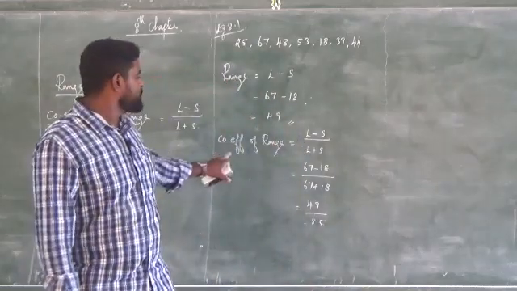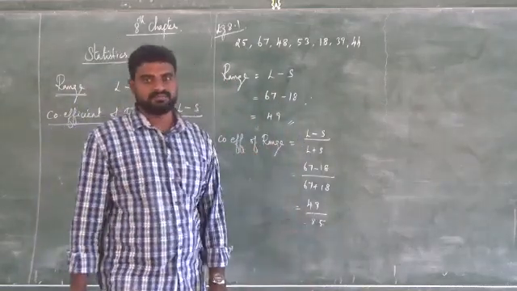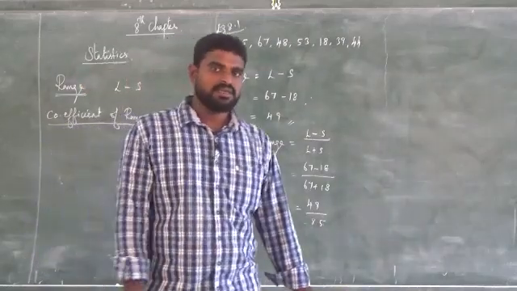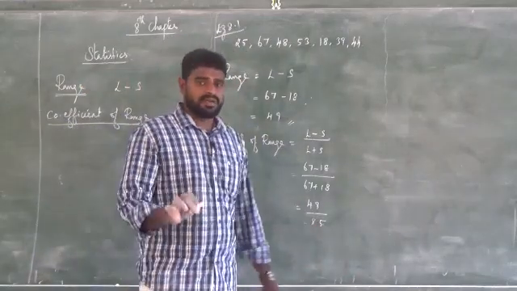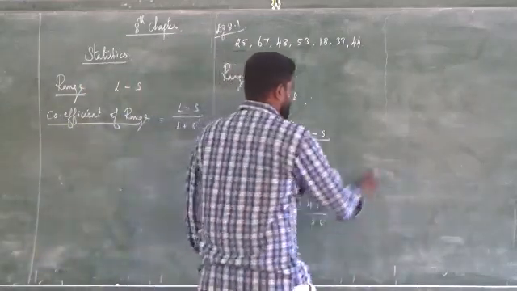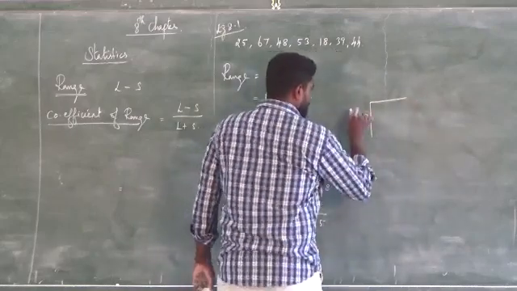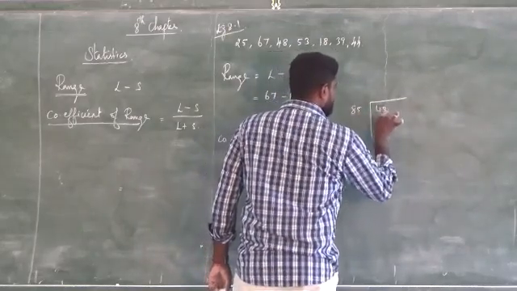Don't write the coefficient of range as a fraction, or you can't get 2 marks. That value must be in decimal. So divide 49 by 85.